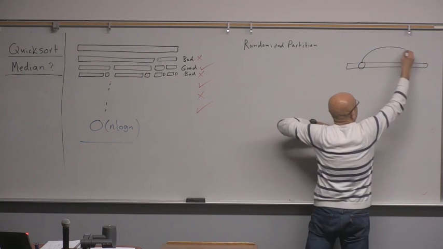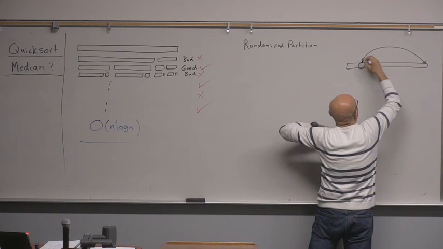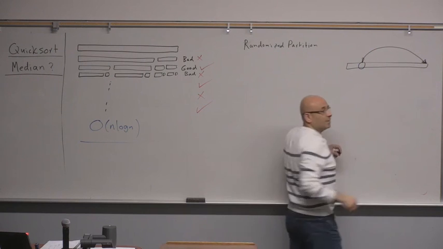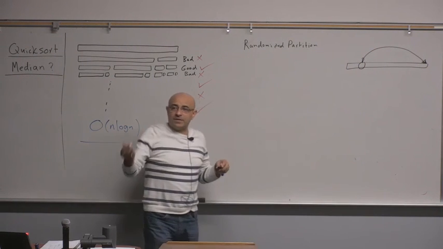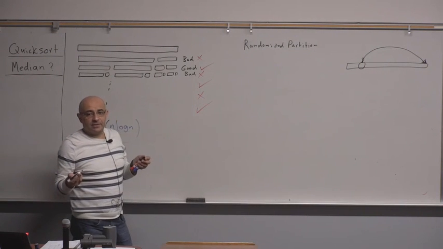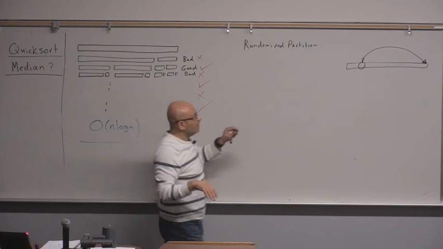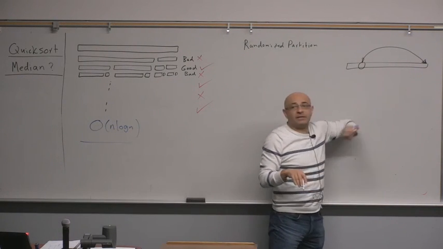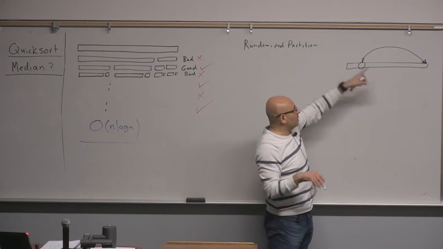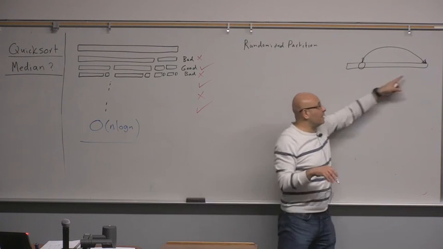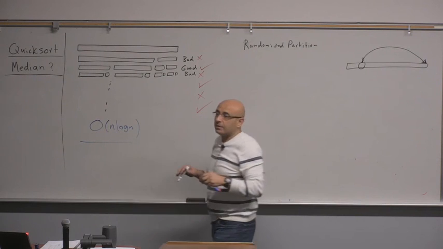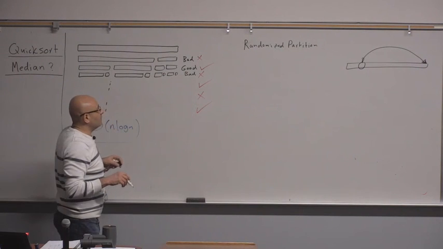And then you swap it with the last element, then you proceed as we did in previous lectures. So you still proceed with the last element, but before you do that, you pick the last element at random. So pick one of the elements at random, you swap it with the last, and then you proceed the way we did in previous lectures.